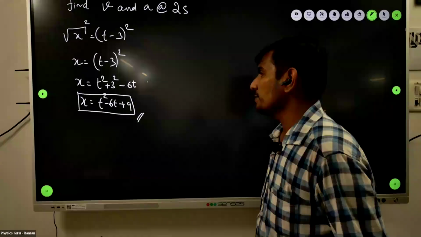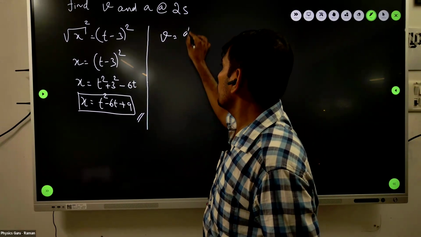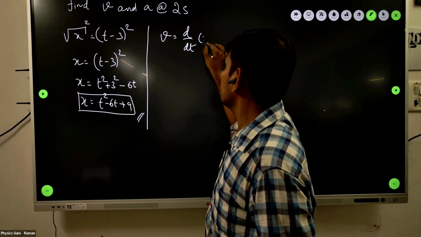Sir, velocity is 6 meters per second and acceleration is 2 meters per second squared. Let's see. So let's find out the velocity. Velocity should be equal to d by dt of x.